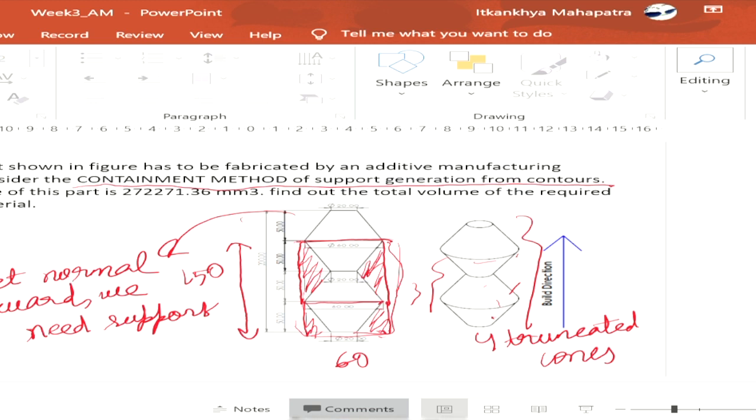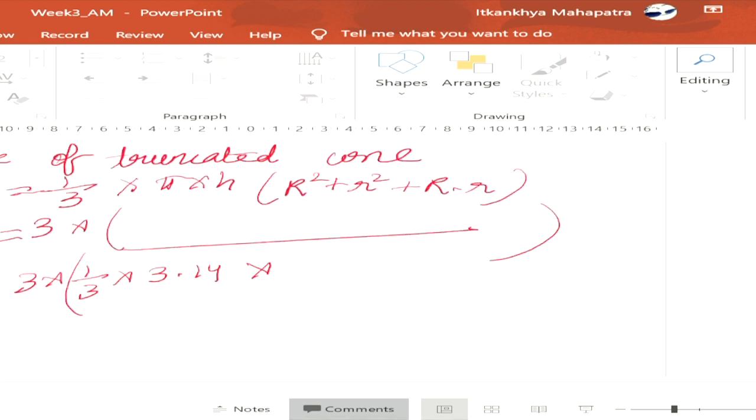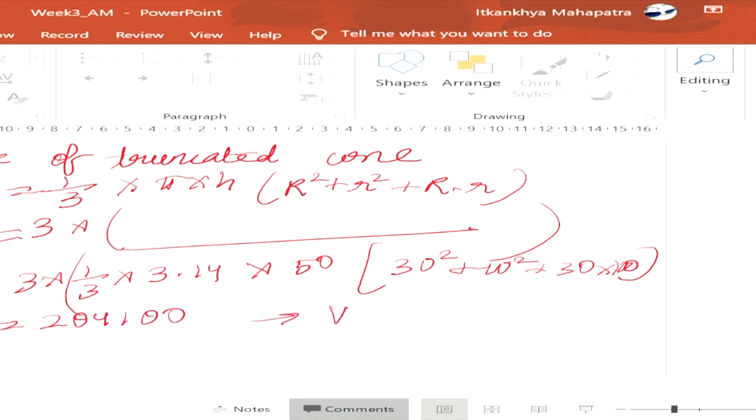So we will write 50. Now bigger diameter is 60, so radius will be 30, and smaller diameter is 20, the radius will be 10. Into 50, 30 square plus 10 square plus 30 into 10. Now this will be 204,100. This is the volume of object.